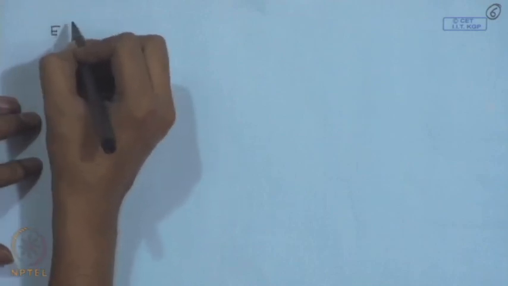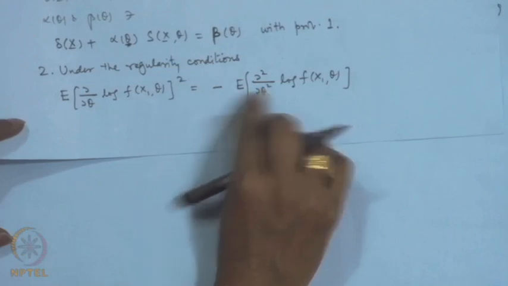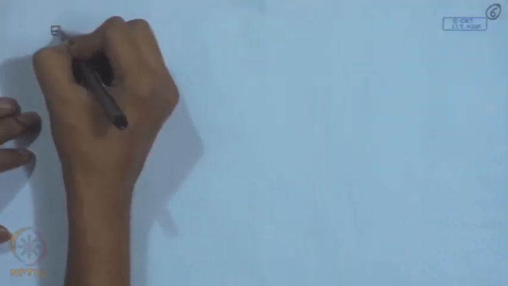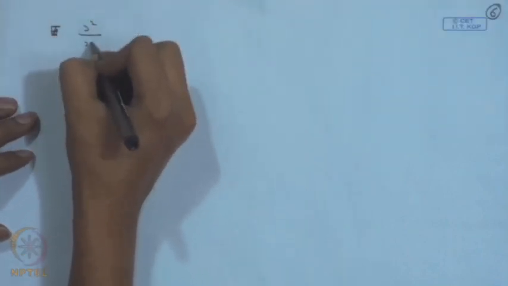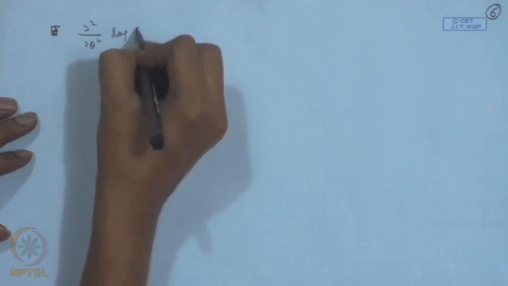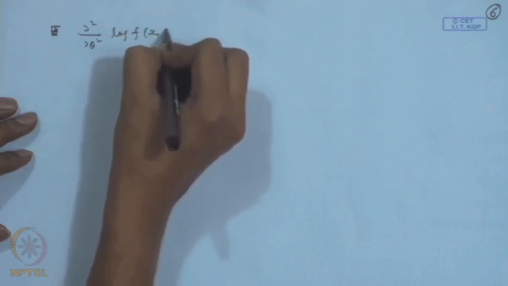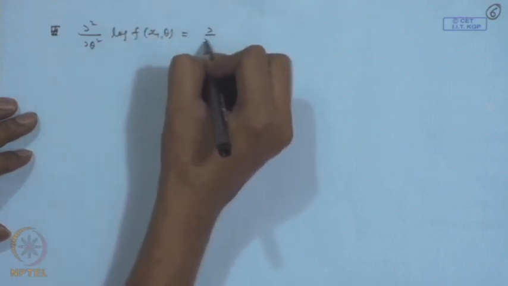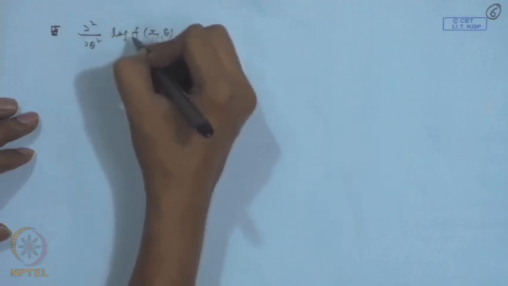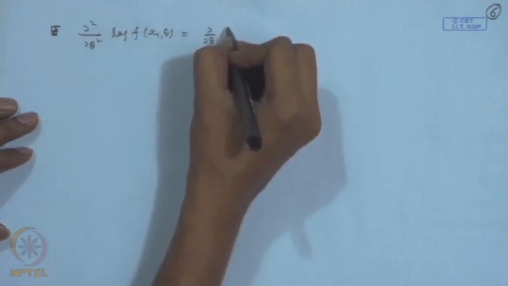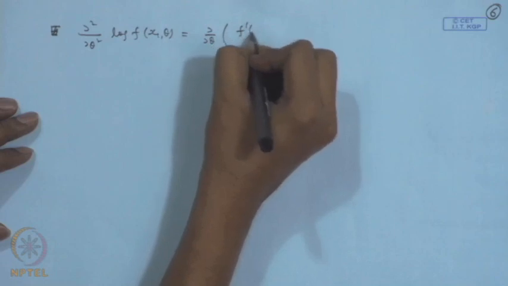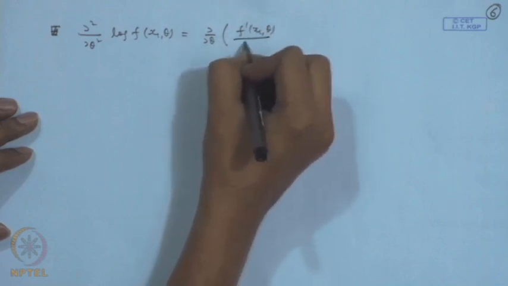Expectation of, see, we have to consider the second derivative here. So, let us write this del 2 by del theta square log of f x 1 theta, that is equal to del by del theta of the first derivative. Now, the first derivative is nothing but f prime by f.